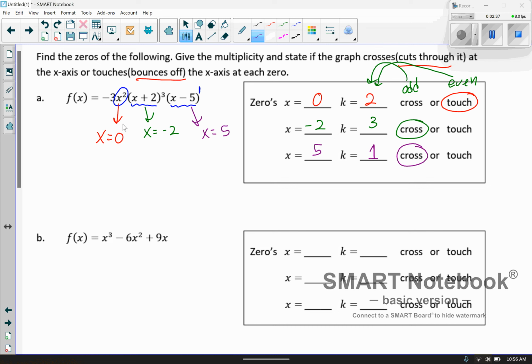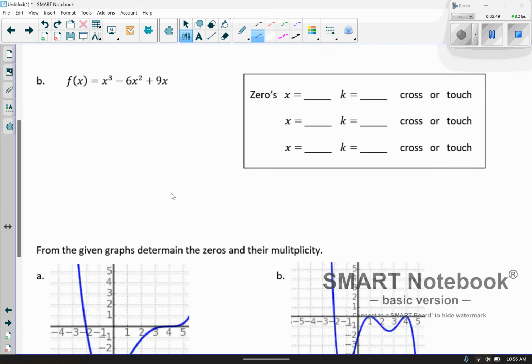My next example is more of the same, except that it's not in factored form. We have to go ahead and factor this, and once we factor it, it should be very similar to example A. First, I can factor out a GCF, which is going to be x, leaving me with x squared minus 6x plus 9.